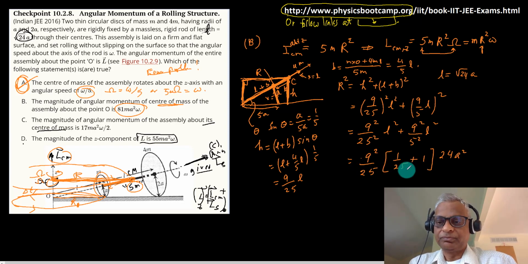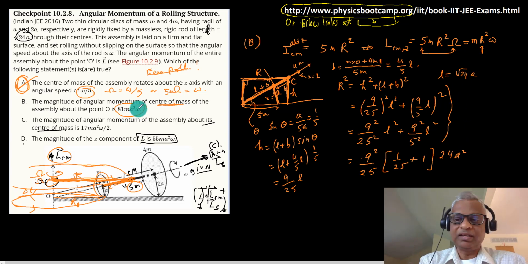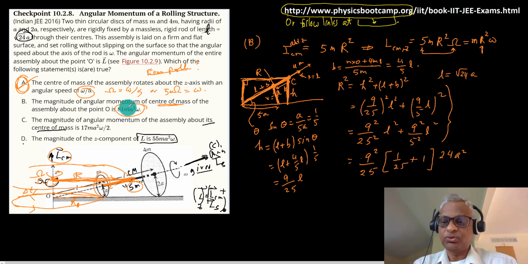So from all of this, can I get 81 over m a square? Clearly I would not be able to get it.